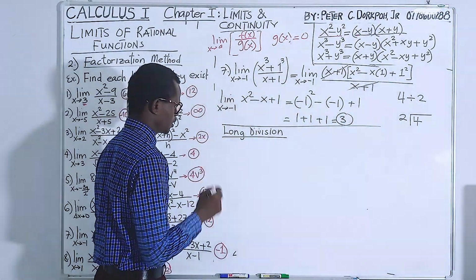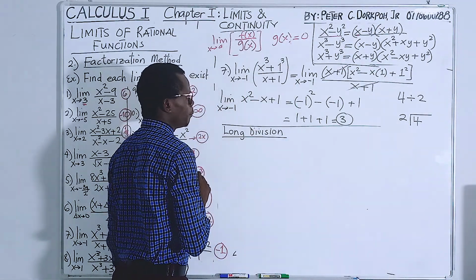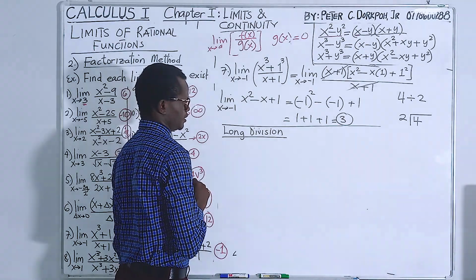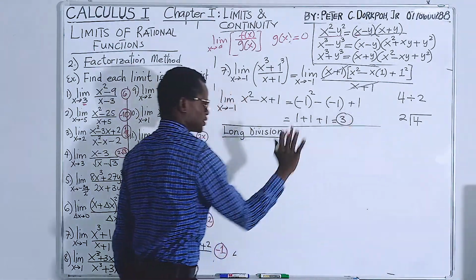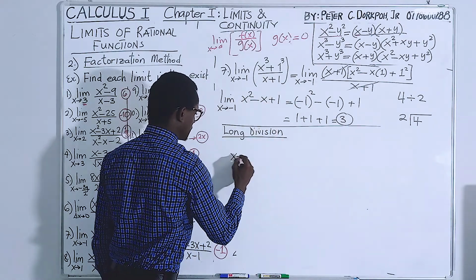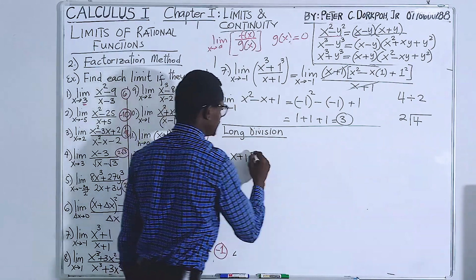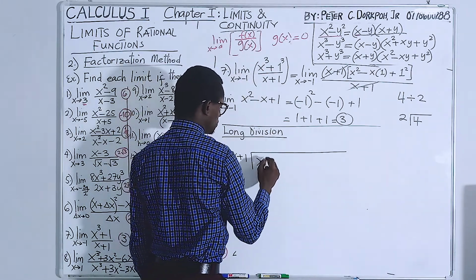Now, since we are to divide a polynomial expression, it's a little bit different from dividing numbers. So let's look there. This is the divisor, right? So we have x plus 1, and inside we have the dividend, which is x cubed.